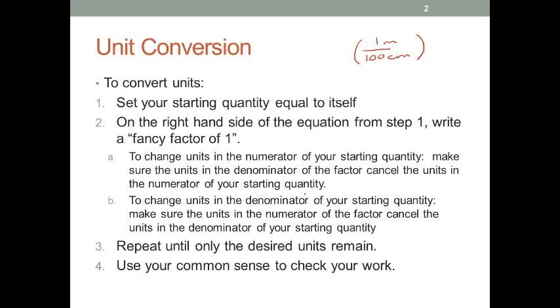And I need to keep doing this until I get what I desire. And then I want to think about it for a minute. Use my common sense to check my work. Does my answer make sense? So let's do a step-by-step example.